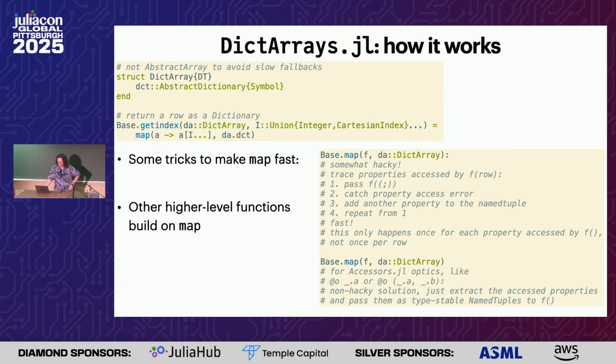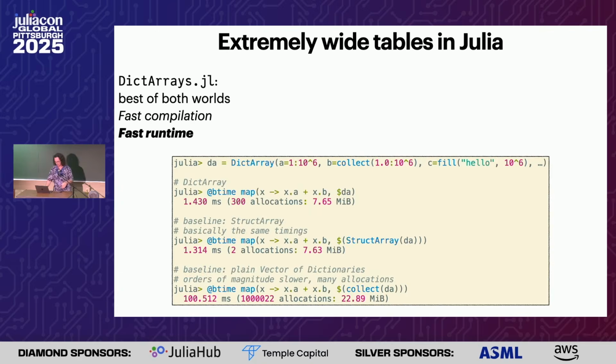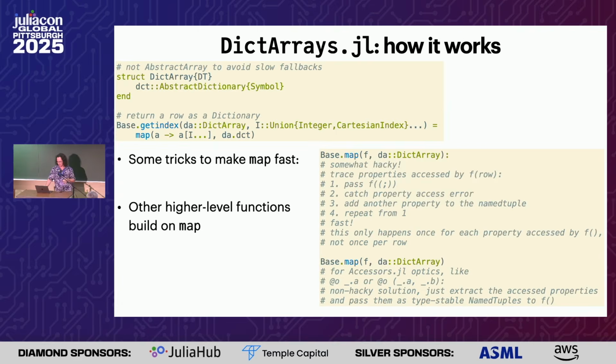It works fast because adding properties to the named tuple only happens once for every property accessed by the target function, not once per row. So if your function accesses 2-3 properties, it will be instant, as we saw in the benchmark here.